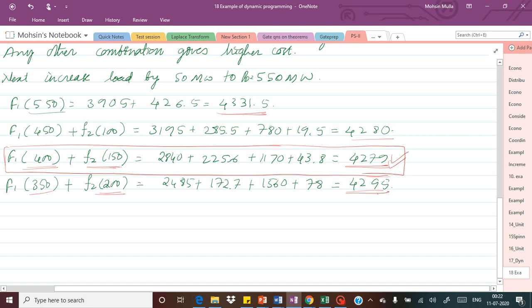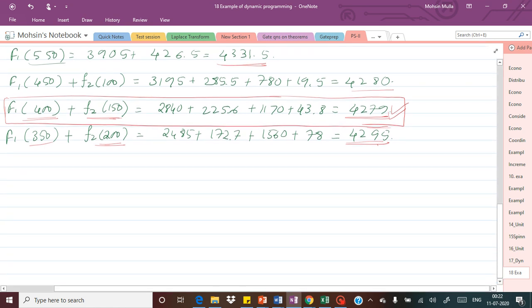So like this we have to keep on increasing the load value by 50 megawatt and we will be getting the table here. So when we have the PD value, I'll just write here P1 and P2.